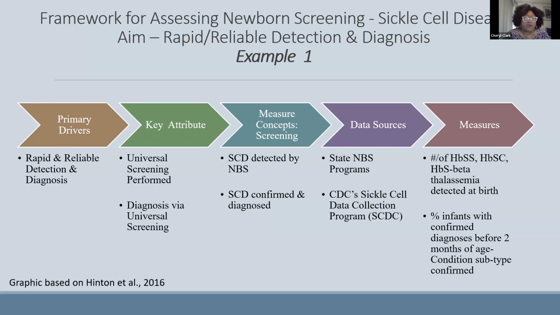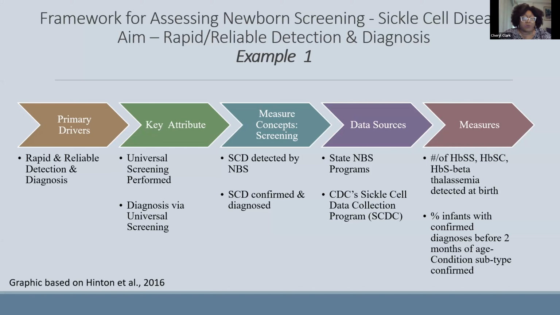So our primary driver for this example, which is newborn screening, is going to use sickle cell disease as an example. So one of the aims is rapid, reliable detection and diagnosis. And then the key attribute being that every newborn hopefully gets screened. There's a screening performed, and then there are diagnoses that spring up from that universal screening. And how do we know? Because the sickle cell disease is detected by this, and the diagnosis is also confirmed via this screening.